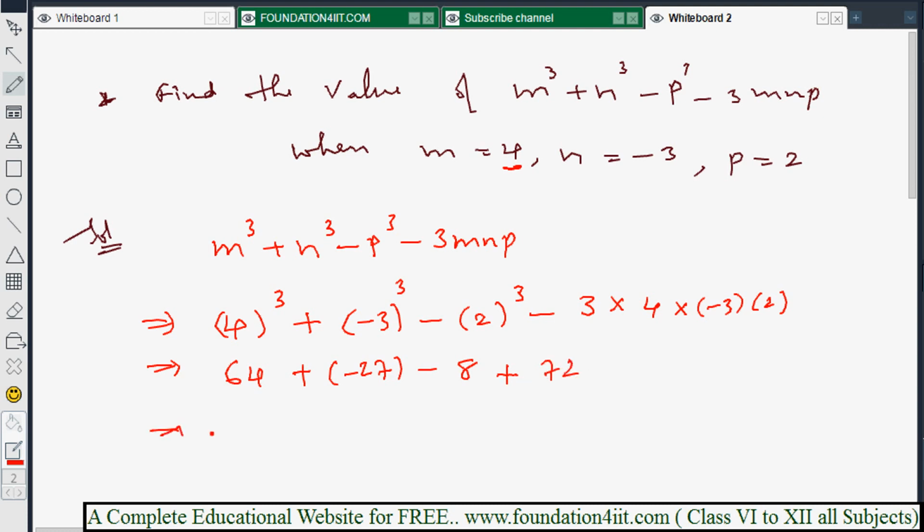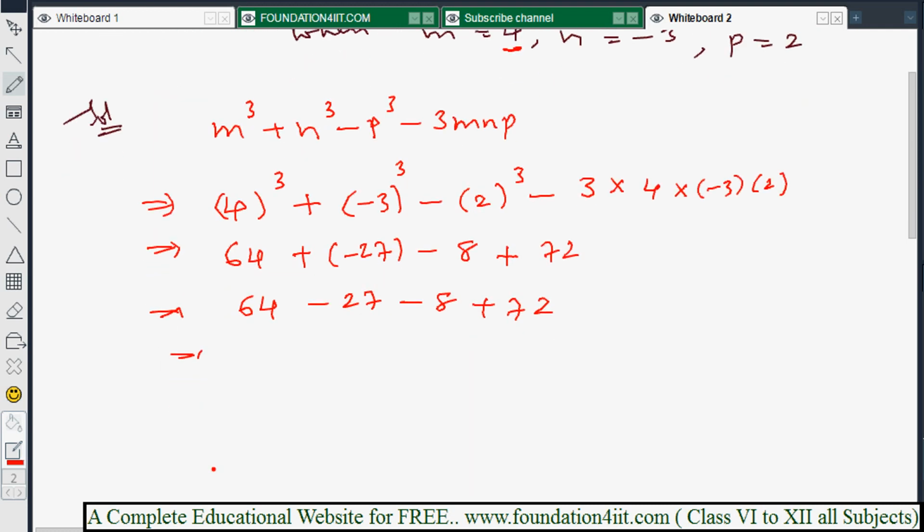Finally, simplify 64 minus 27 minus 8 plus 72. Add the positive values: 64 is positive, 72 is positive, so 136. Keep the minus sign and add the negative numbers: 27 plus 8 is 35. That is 101. So this is the value.